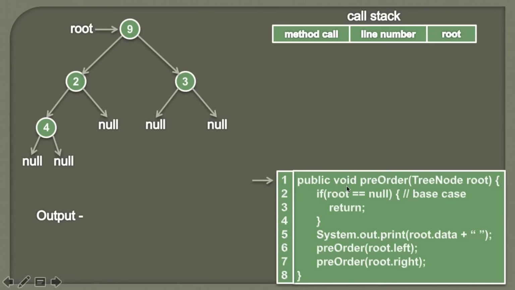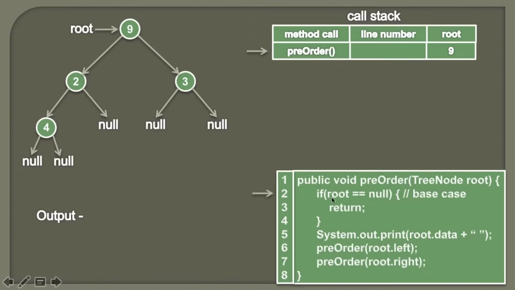So when the execution point comes to pre-order, we know that the call stack will now execute this pre-order method, and we are keeping the track of the root. So currently the root is being pointed by the data as 9. Then we check whether root is equal to null or not.